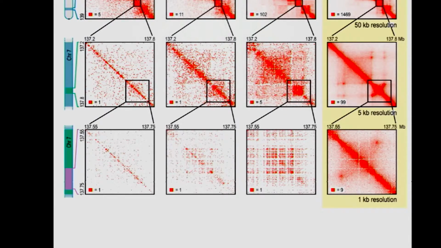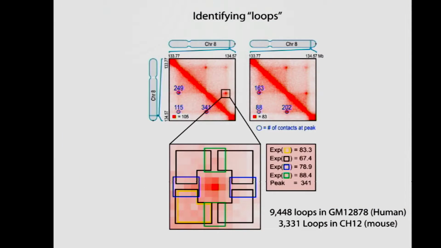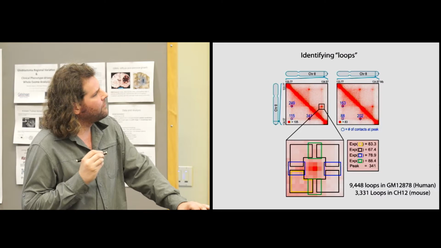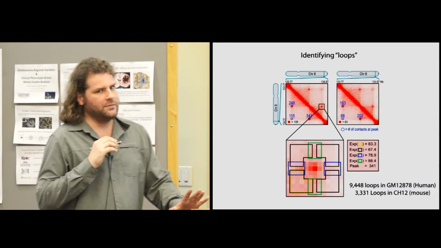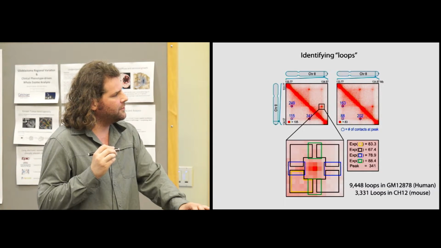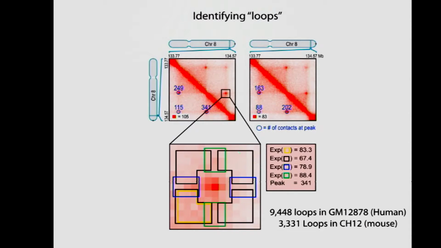And so you can read that as one of these kind of classical loops that's been proposed for insulators. So they developed this algorithm. This is a completely ad hoc algorithm for what it's worth, but it's smart. Basically what it does is it looks at a region, and it looks at various regions around it, and it's just looking for places where you are highly enriched relative to your surroundings.